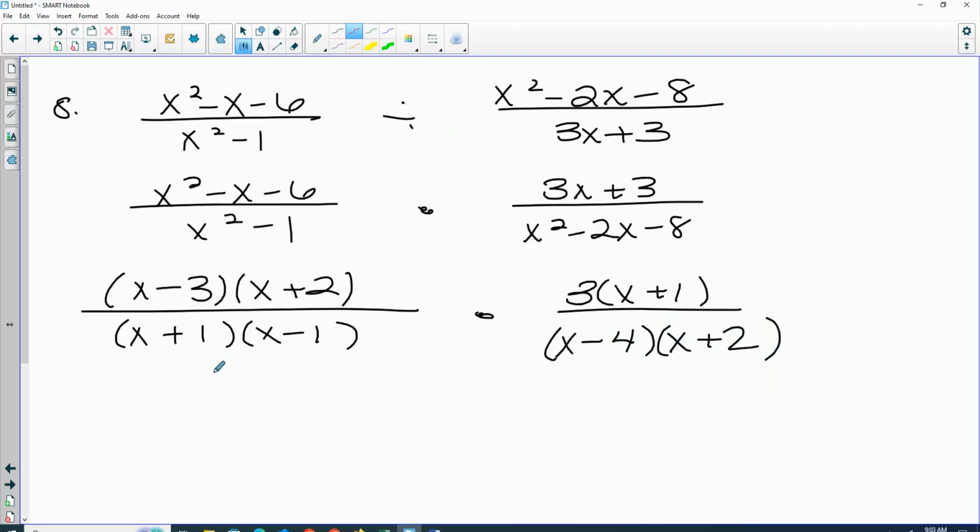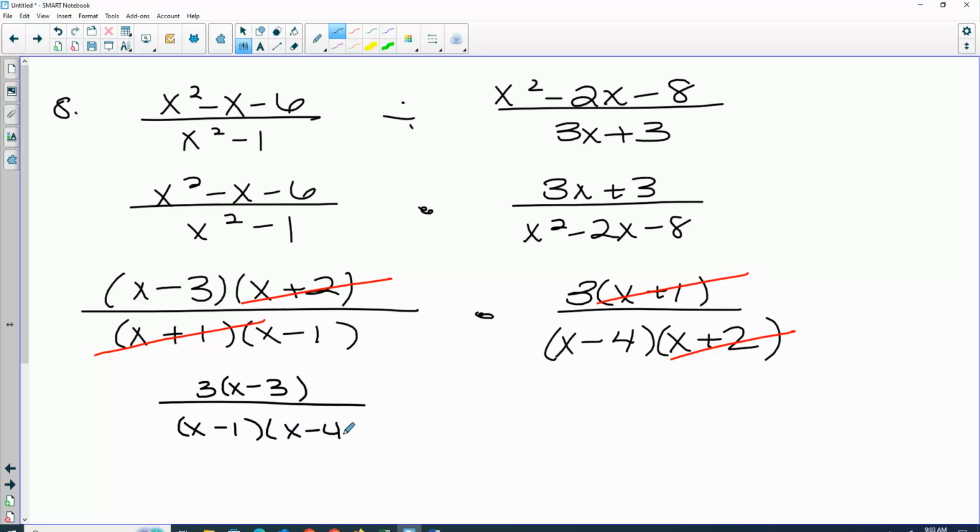Okay, anything on top and bottom reduces, so we can drop the x plus 1 and the x plus 2. So on the top, I still have a 3 times an x minus 3. On the bottom, we have an x minus 1 times an x minus 4. You can certainly multiply that out, that's fine. So if you wrote 3x minus 9 over x squared minus 5x plus 4, that is perfectly okay.